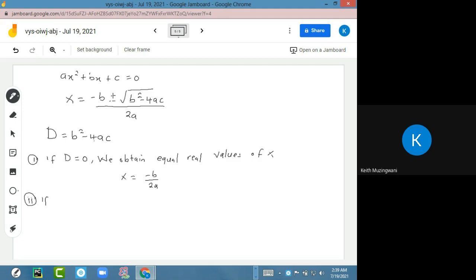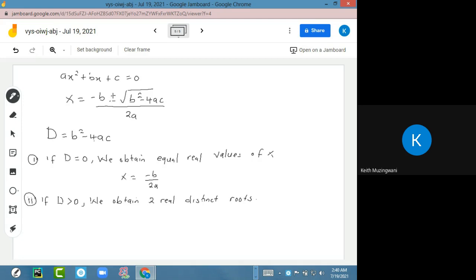So that if d is greater than 0, we obtain 2 real distinct roots.